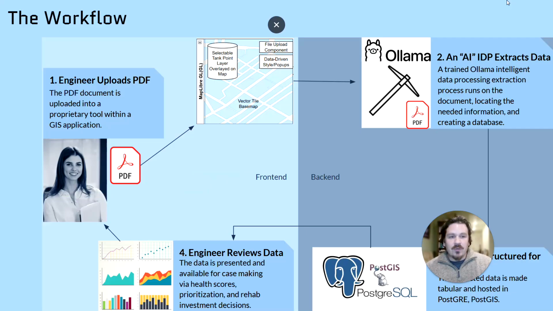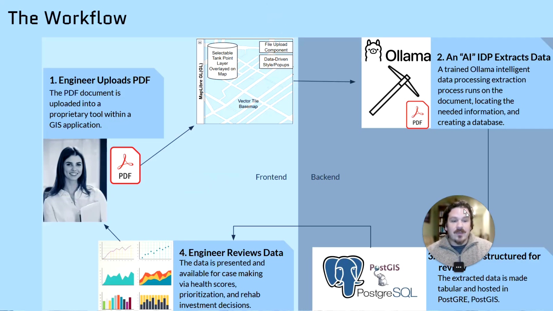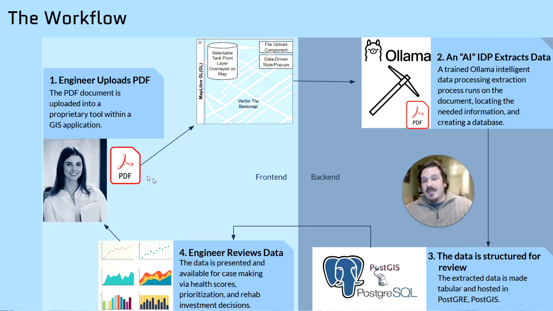Now, just a quick overview of the workflow on how this app would work. This would look like any other GIS application that you're familiar with. The engineer will upload the inspection report to the app via a custom widget, just a file uploader.